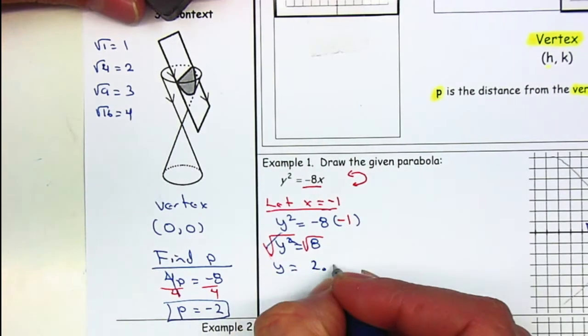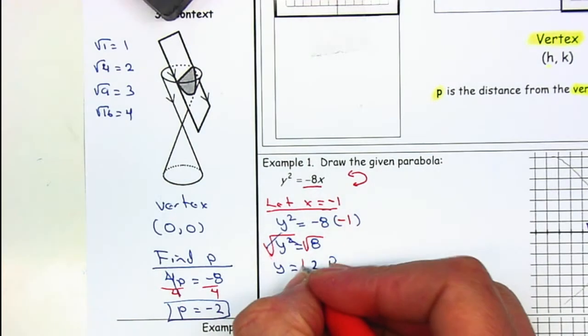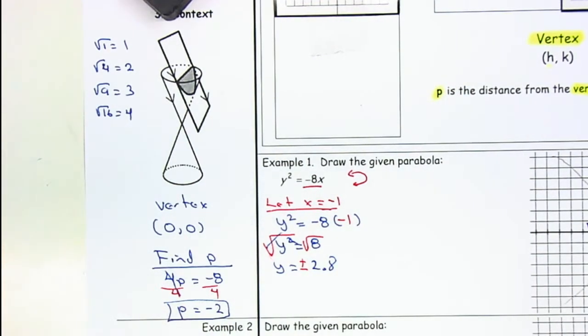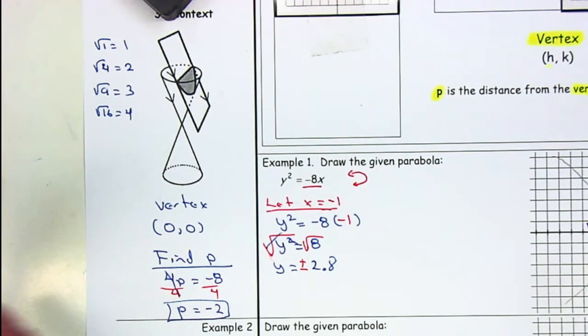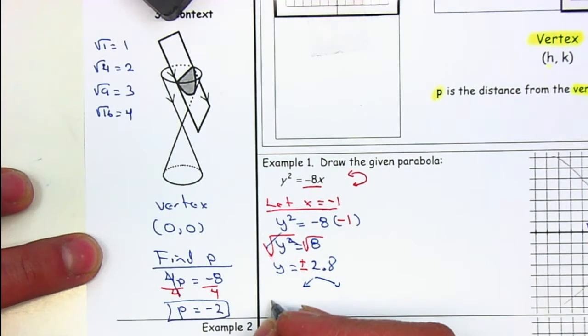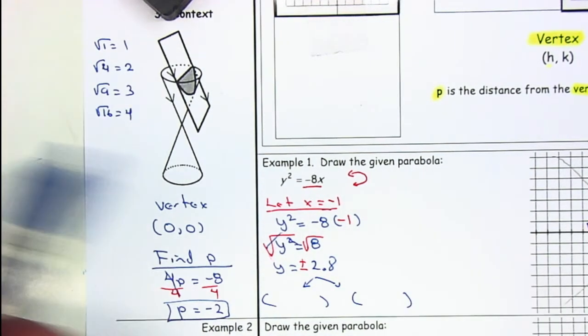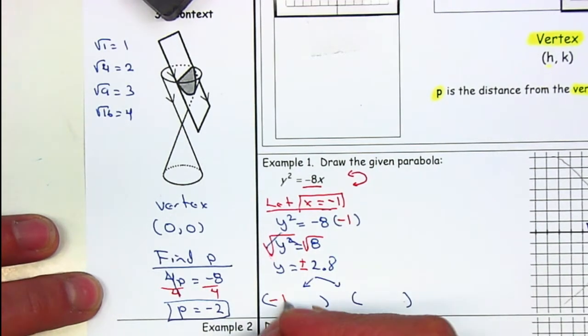It'll be 2.8. And every time we take the square root on both sides, we have to make sure we have a plus or minus. So remember, if we take the square root on both sides, we have a positive and a negative. That will give us 2 points. For both points, the x value is negative 1.